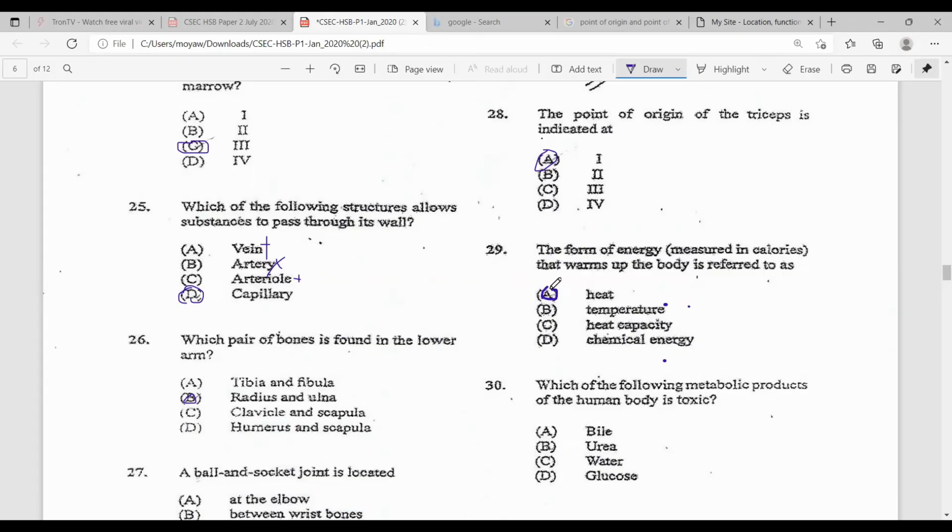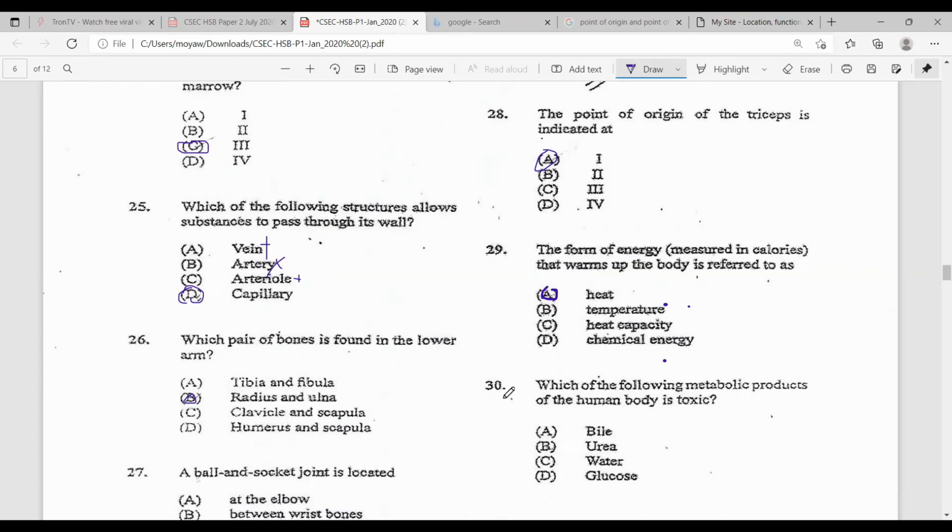The same thing for heat capacity, it is not measured in calories either, nor is chemical energy. But because the measurement of heat is done in calories, that is why we chose that answer. And 1 calorie is the amount of energy required to raise 1 gram of water by 1 degree Celsius. So this would have been the best option.